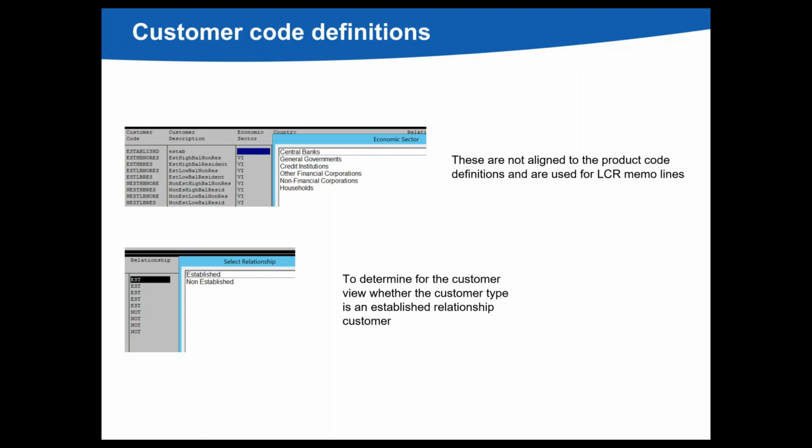And then we have customer definitions. These are very high level, and Matt is going to go into a bit more detail about it. We don't want to know for every account who the customer is.